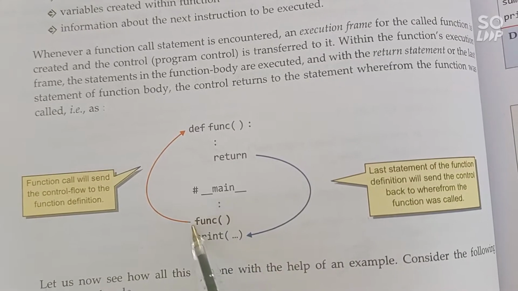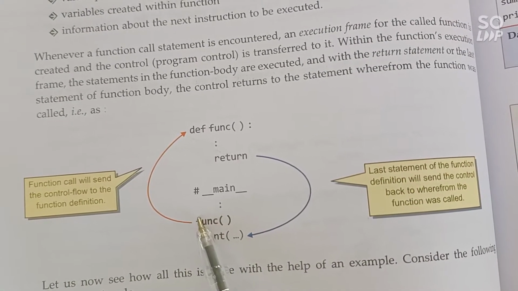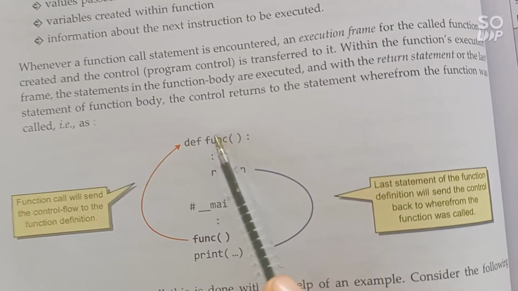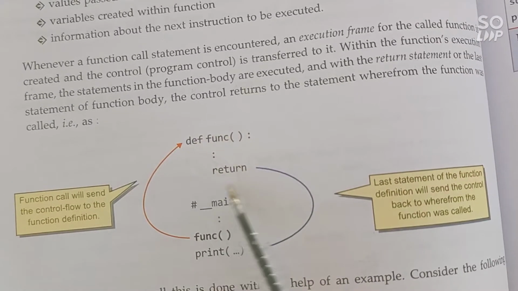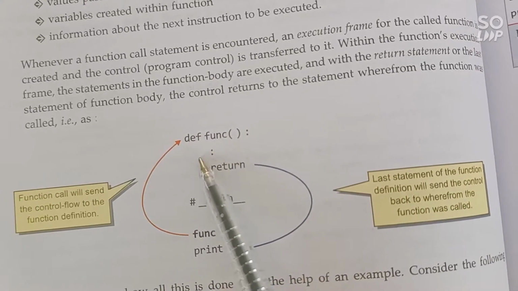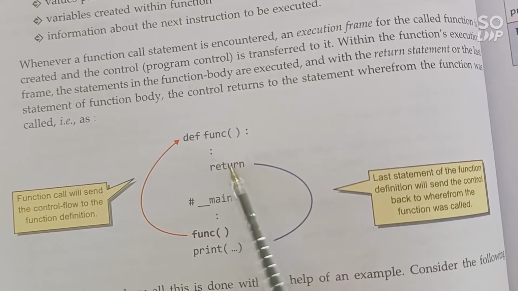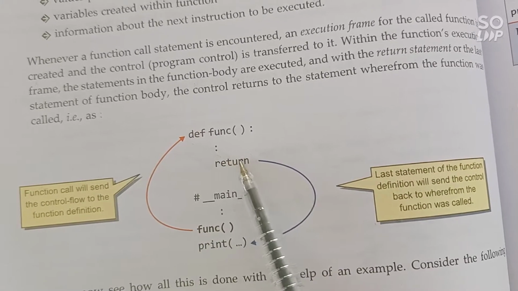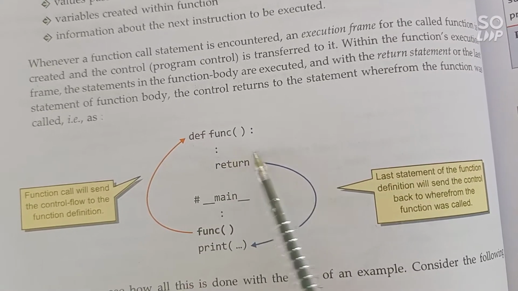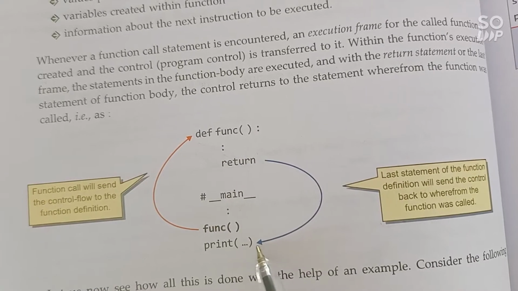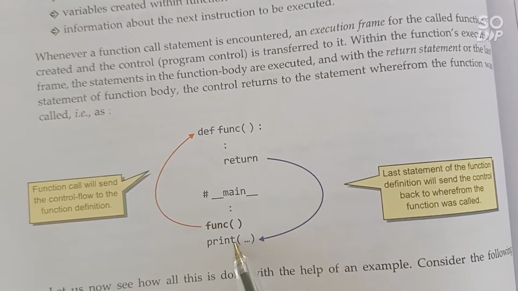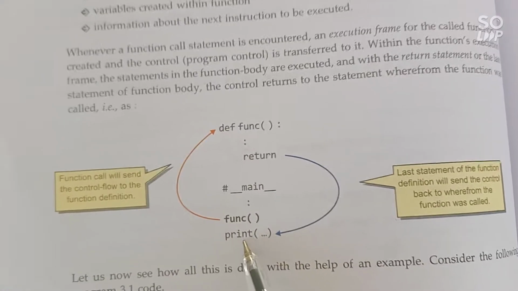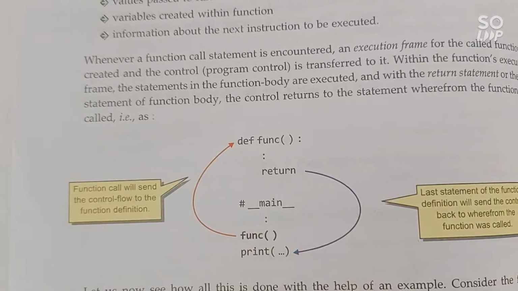When this statement is executed, this is a function call, so the control passes to the function definition over here and it executes this function, right? When this function is executed, after the last statement, this is the return statement, then control will transfer back to the main block, to the next statement in the main block, right?